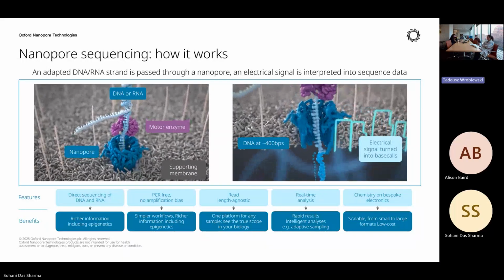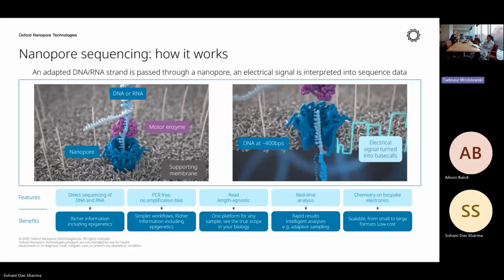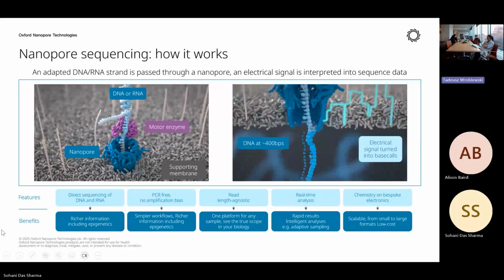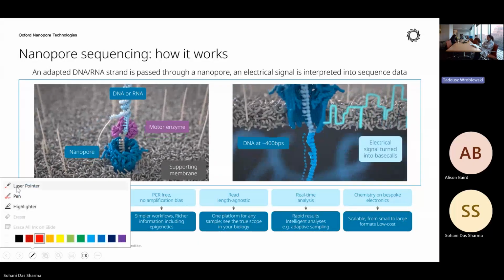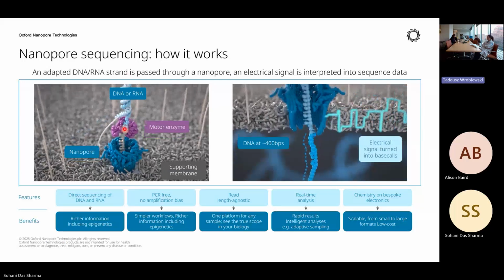We inserted it across a lipid membrane and made it a system which is a kind of molecular counter, and that is what our sequencing platform looks like. We talked about it yesterday, so I'll be very brief today. So how does this system really work?